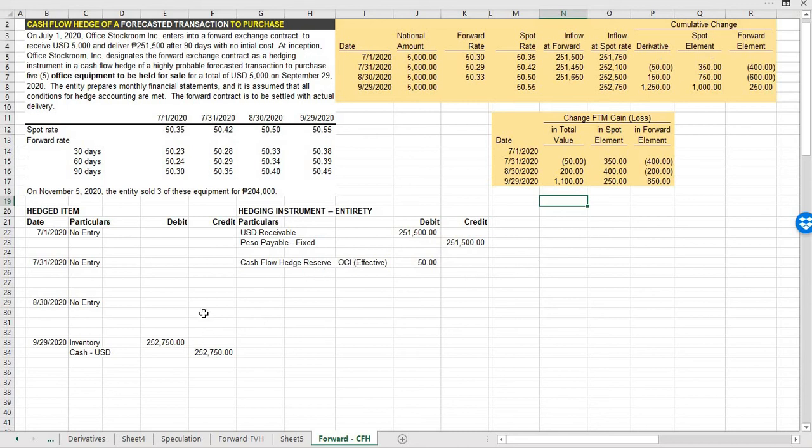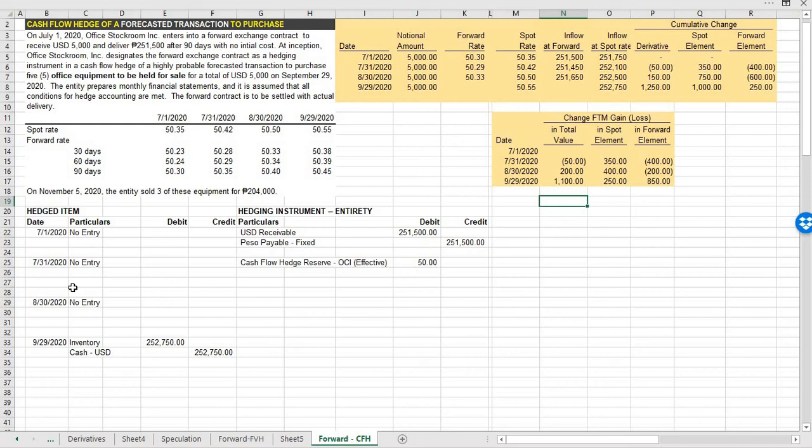At again, bakit tayo naka-OCI kapag cash flow hedge? Kasi hindi tayo pwedeng mag-P&L. Hindi tayo pwedeng mag-record ng nominal account na pinapresent sa profit or loss. Bakit? Kasi walang corresponding entry sa hedge item that affects profit or loss. Kasi nga, di ba, ang purpose natin dito is to hedge.